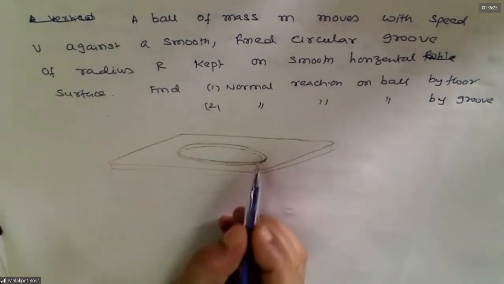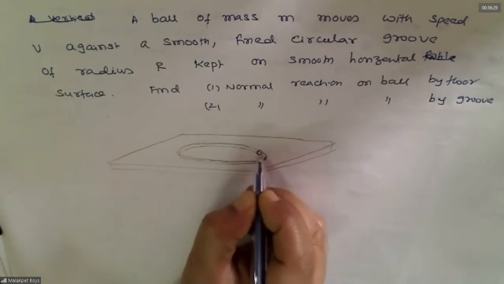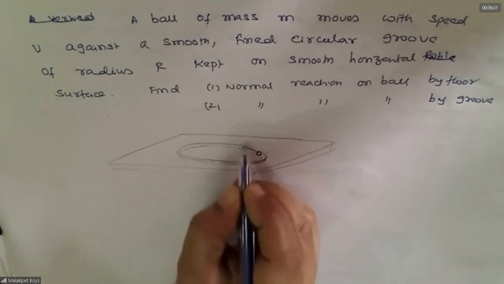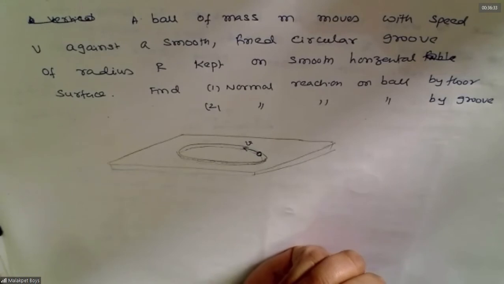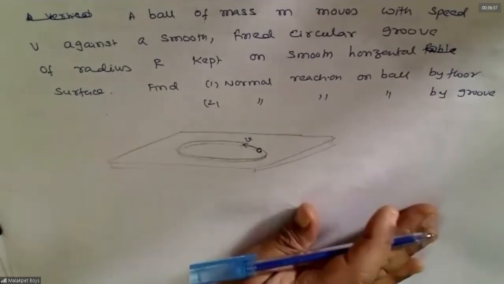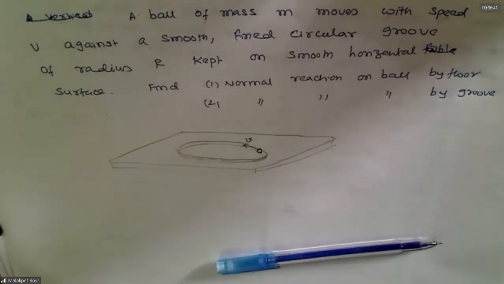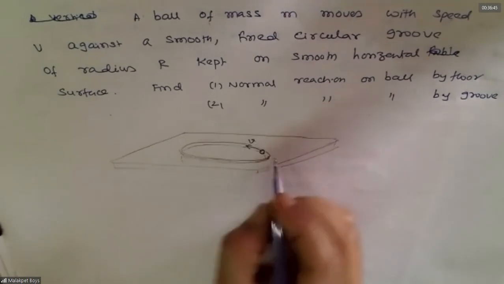A small part is removed like this. This is the particle, it moves along the groove. I removed one small circle so it can move like this. That means it is moving along this.